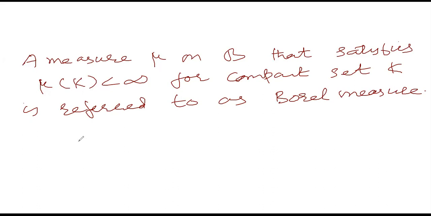So if the measure on Borel sets satisfies only this property, that the measure of each compact set is finite, then it's called a Borel measure. And if it also satisfies the second and third properties, then it's called a regular Borel measure. Now next, we have a very interesting lemma.